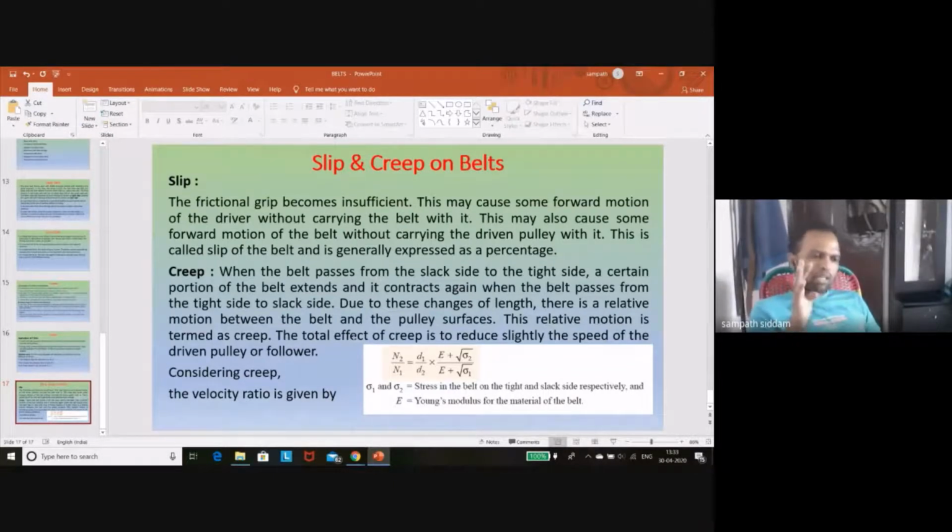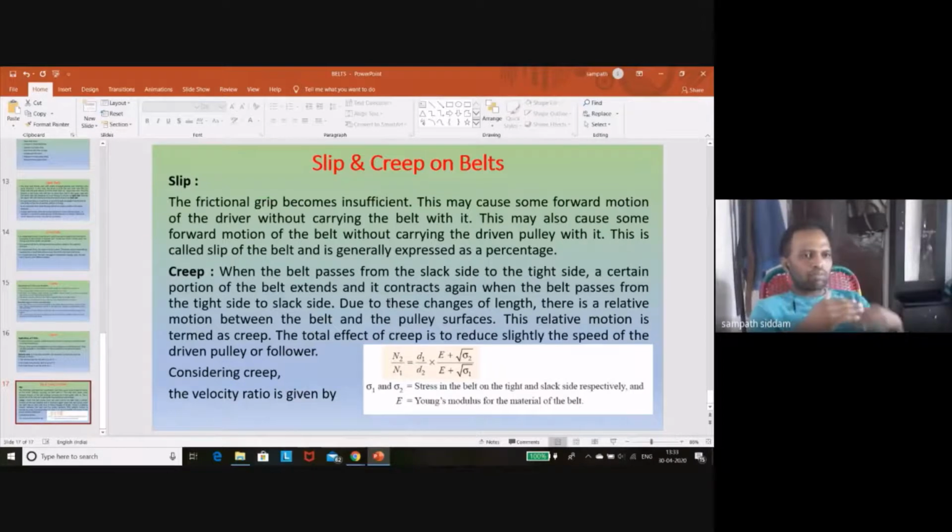Similarly, in case of belts also you have slip, which is positive and negative. Let us try to understand here. The frictional grip between your belt and the shaft sometimes becomes insufficient. This may cause some forward motion of the driver without carrying the belt with it.